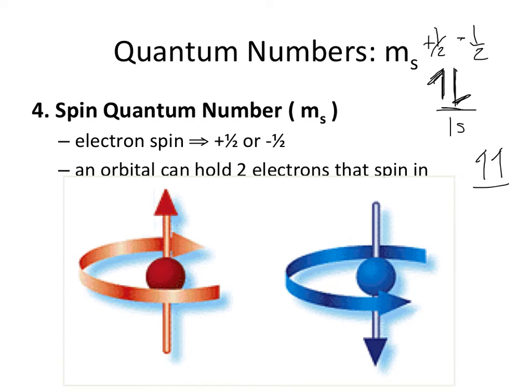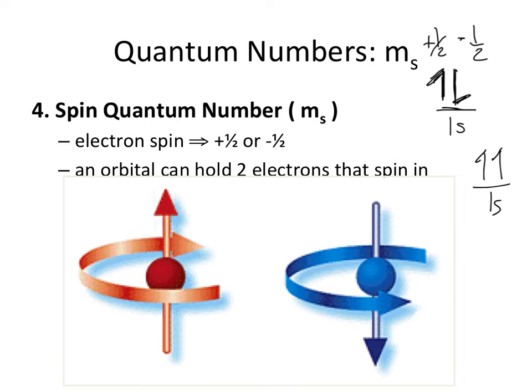So basically, what you end up with here is a way to differentiate electrons that are in a specifically identified orbital. In this case, we've already identified the principal quantum number. We've indicated that it's a 1s orbital, so n equals 1. We've indicated our L value, because L equals 0 here.